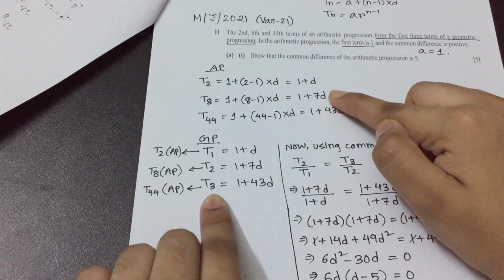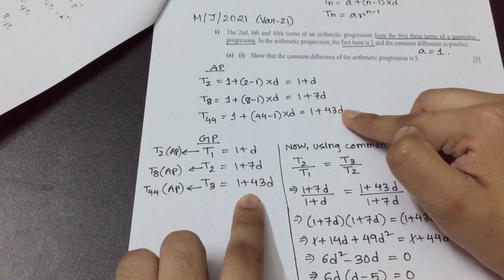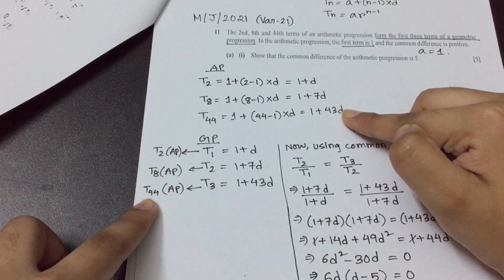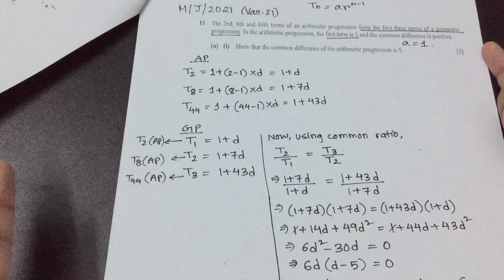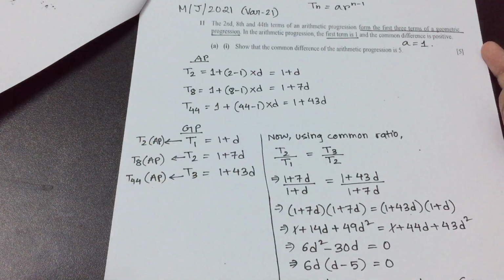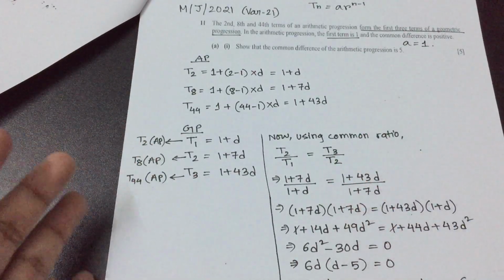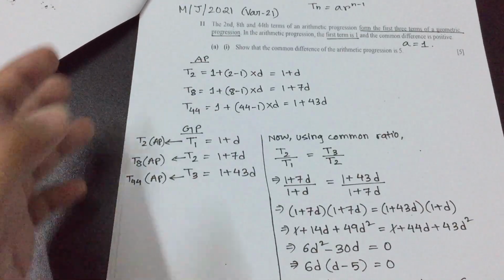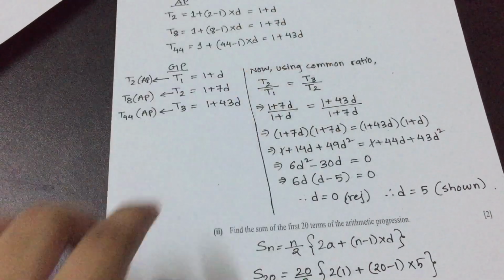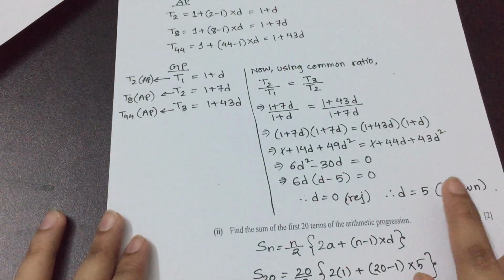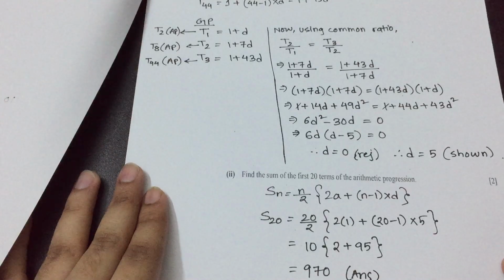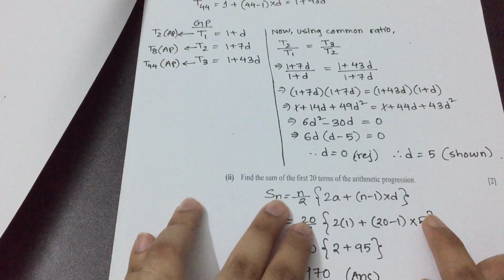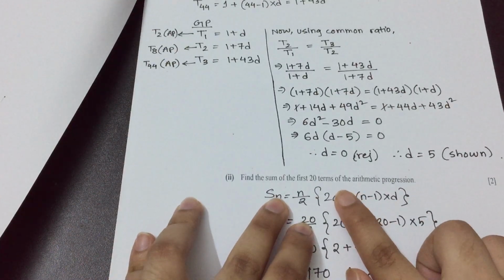And the third term for the geometric progression is this one, 1 + 43d, which is the 44th term of the arithmetic progression. So now we can use the formula for common ratio, which is the second term divided by the first term. Then you equate them, and then you form an equation, and then you can easily show that d is equal to 5.